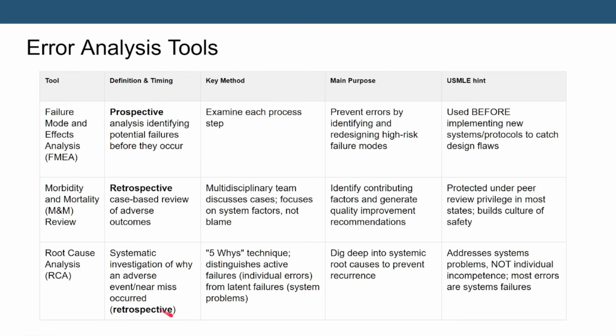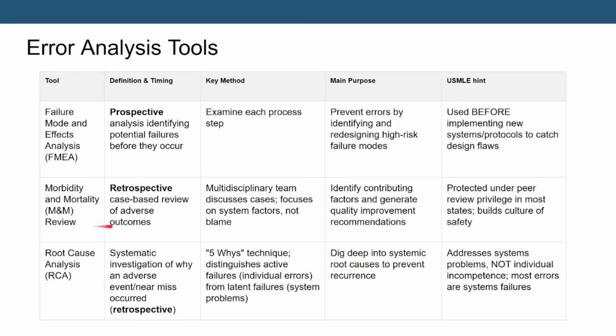Root cause analysis is going to be retrospective. So you use the 5 whys technique. You keep asking why this happened. This distinguishes active failures and individual errors from latent failures, which is going to be system problems. You dig deep into the systemic root cause to prevent the recurrence. You address the system problems. You don't blame individuals here.